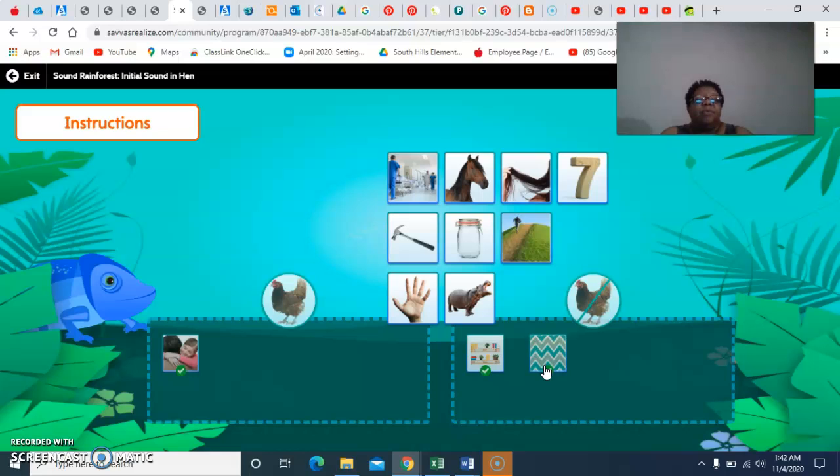And I'll give you a few minutes to guess where you think the picture should go before I move them. Let's do this one. Seven. And we're listening for the H sound.